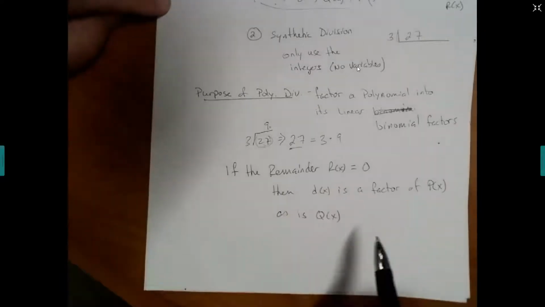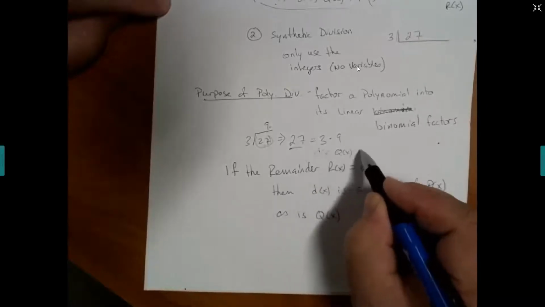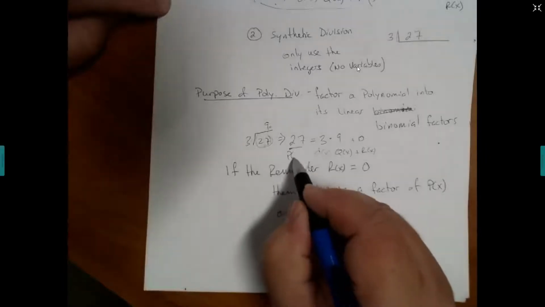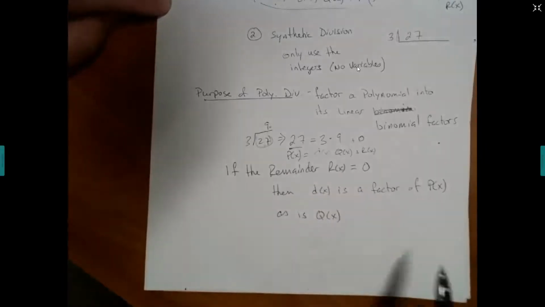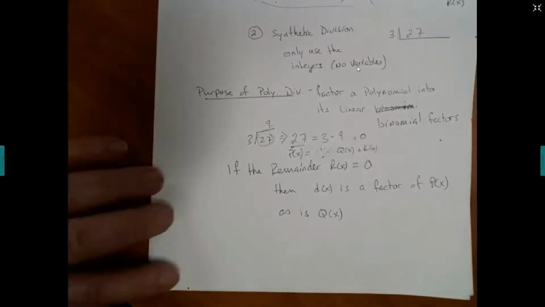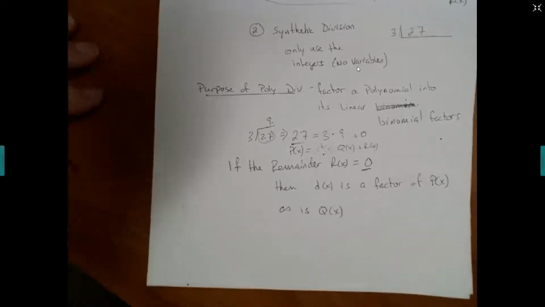So here's our P of X, here's D of X, here's our Q of X, and our remainder was 0. So we know that our P of X breaks down into D of X times Q of X, which are both factors. I apologize because it does make it sound more complicated, but it's a lot easier than that. Especially if the remainder is equal to 0, then you know you have a factor.